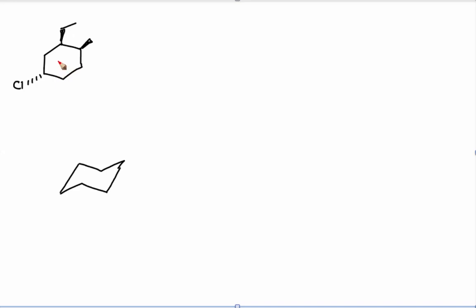I'll number this methyl group as 1 and just number around the ring counterclockwise like I would if I were doing IUPAC numbering. From there, then you also need to pick a carbon 1 on the cyclohexane and number around your ring.